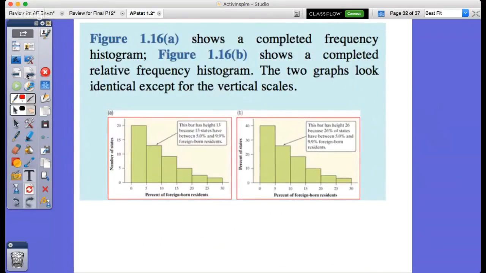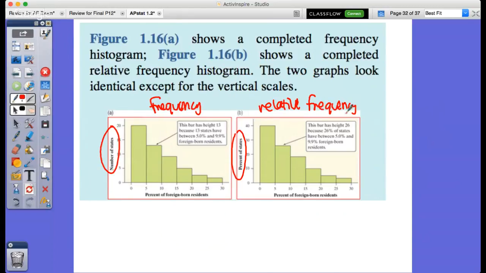Over here on this left side, this is the number of states. This is the percent. So this is our frequency. Again, I'm redundant, I'm sorry. But these terminologies are very important. And then we have relative frequency because we have percents. That's the difference.